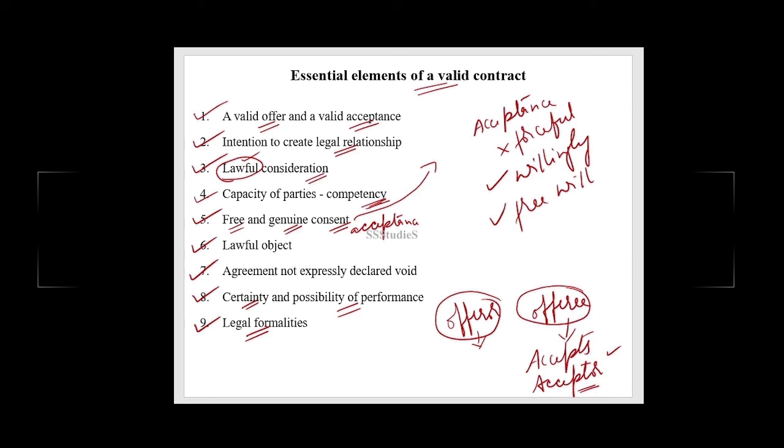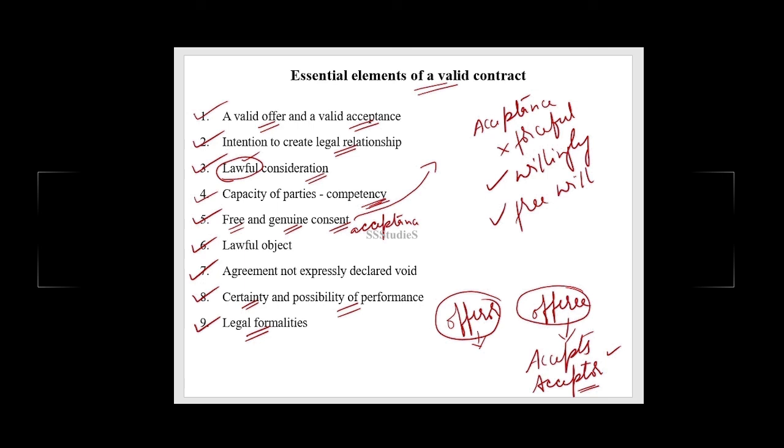But one thing we need to remember over here, the contract can be made either by words spoken orally, or it can be written as well. So there is, per se, no difference in the legal effects whether the contract is in writing or made orally, by word of mouth.